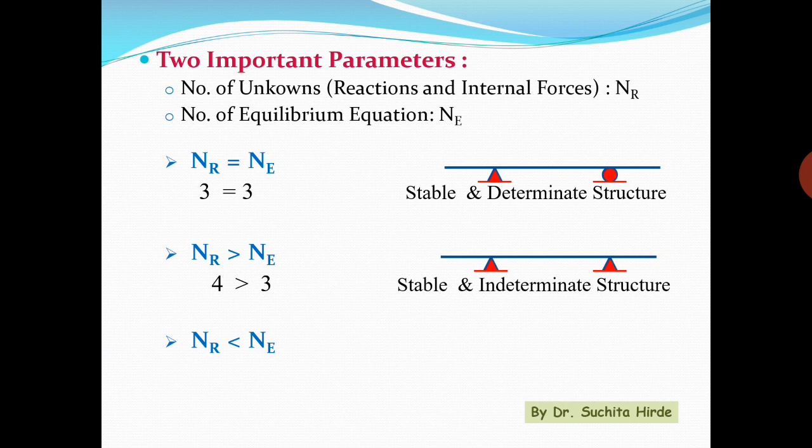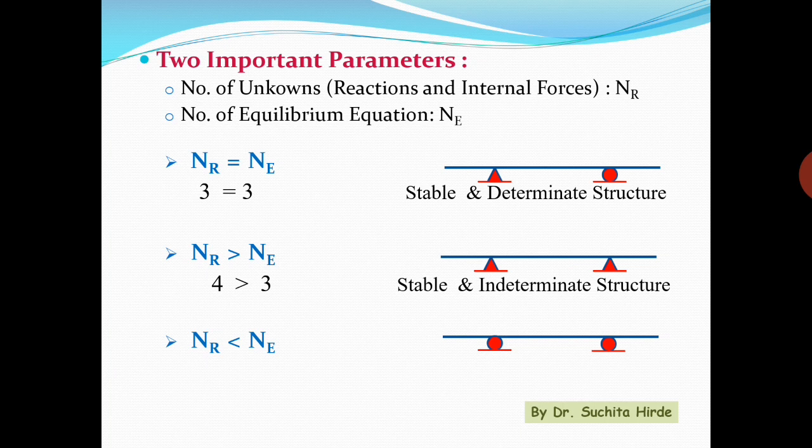Now the third case, theoretically, the number of reactions is less than the number of equations. So at both ends we are considering roller supports. In this case at each roller there is one reaction. So the total number of reactions is 2 and we have 3 equations available. Now what will happen here?